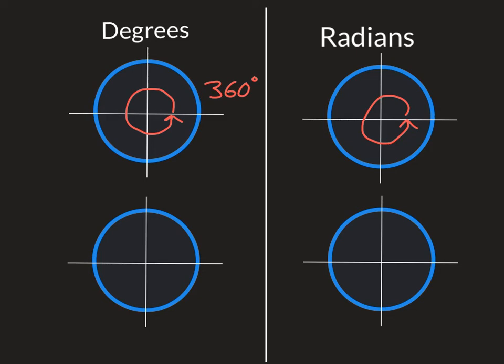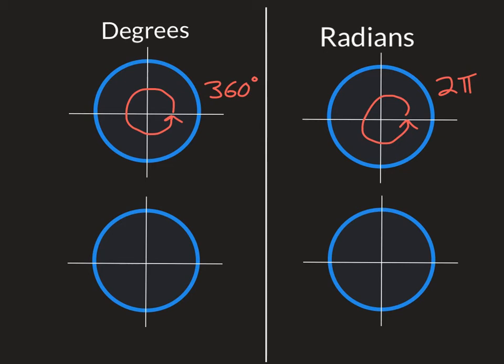Well, we talked about 2 pi r, and remember the r stands for radius. So how many radii did it take to get all the way around a circle? Well, I guess it took 2 pi. And just like we say it's 360 degrees, I would say that's 2 pi radians.